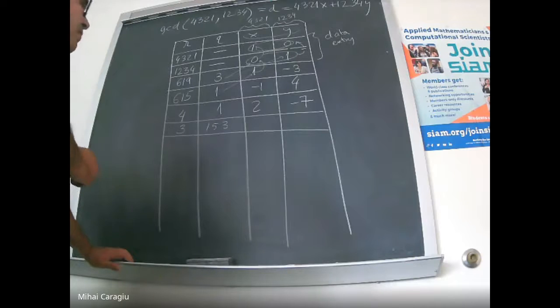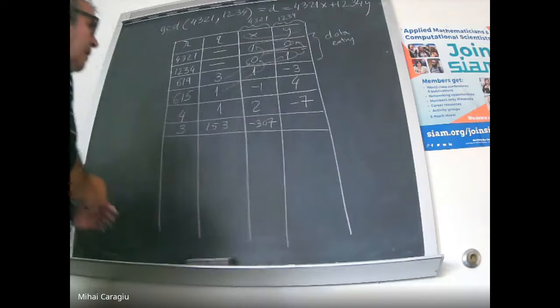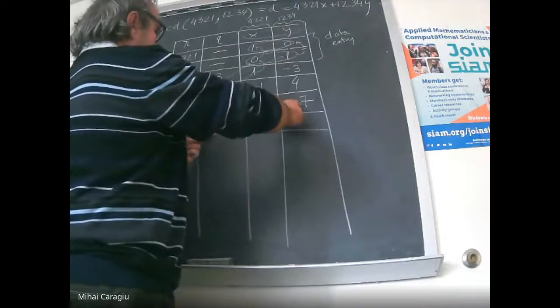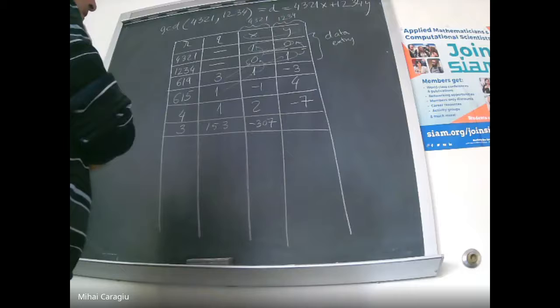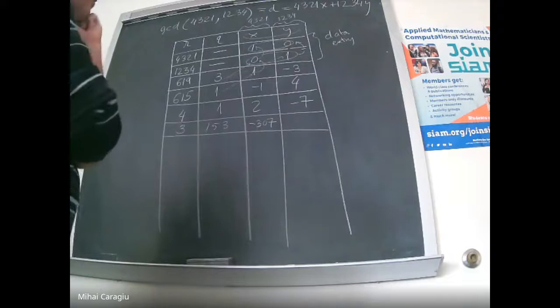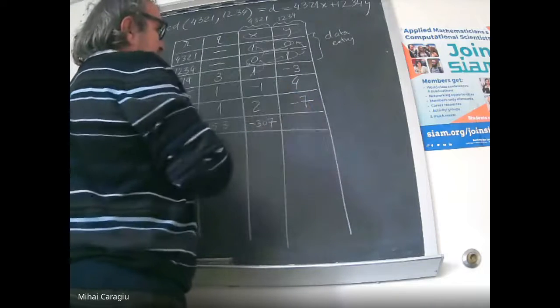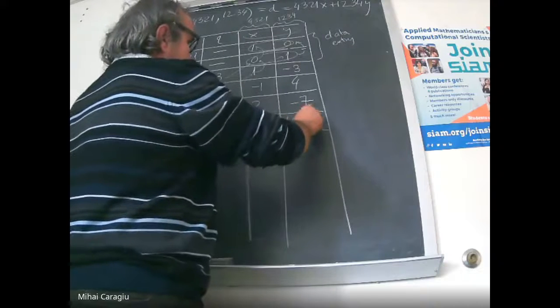Subtract from minus 1 is minus 307. 153 times minus 7 is minus 1,071. So minus 1,071 subtract from 4 is 1,075.